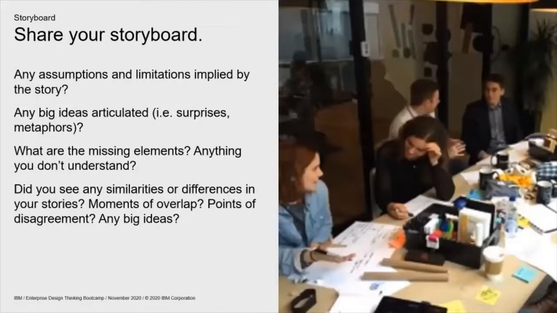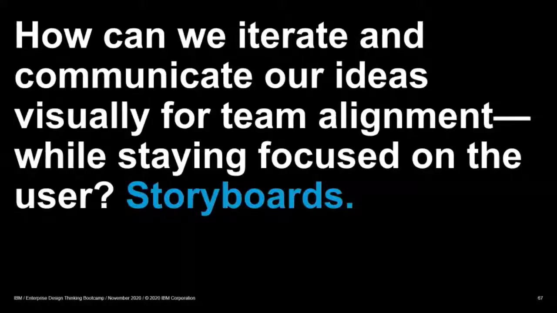You share your storyboards and you make sure that you share them with the entire team working together. And what you'll realize quickly is that if you have multiple people on the team, multiple storyboards, slowly but surely you'll see similarities of thinking in the group. And that's when you find that you could have maybe quick wins that everyone agrees with, right?